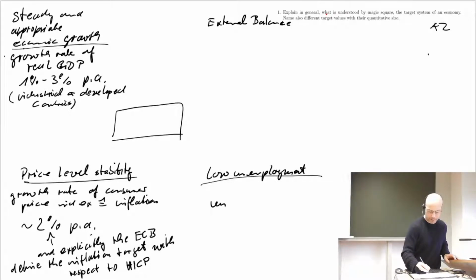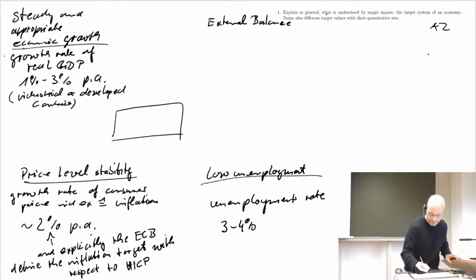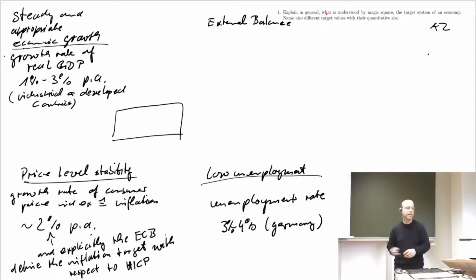So this is the unemployment rate. And for Germany, it is roughly 3 to 4%. For other countries you would maybe find other numbers.